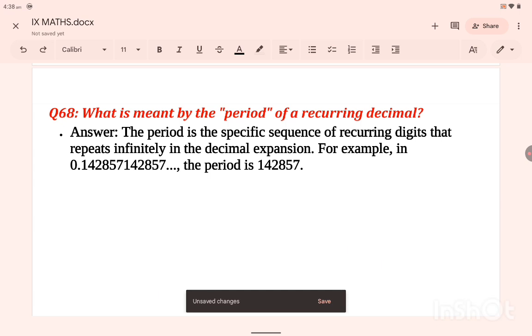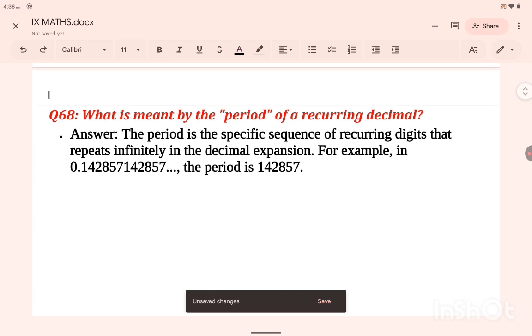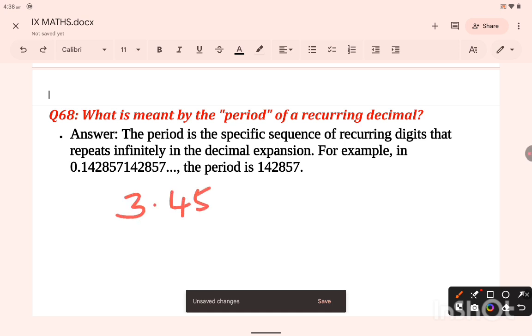Next, 3.456456456 and so on. So this is a non-terminating recurring decimal. This can be written as 3.456 bar.